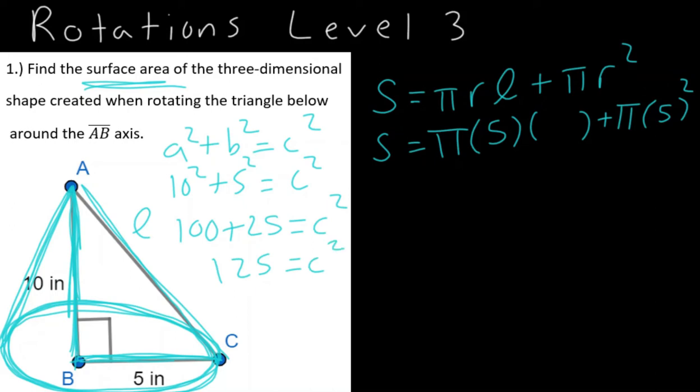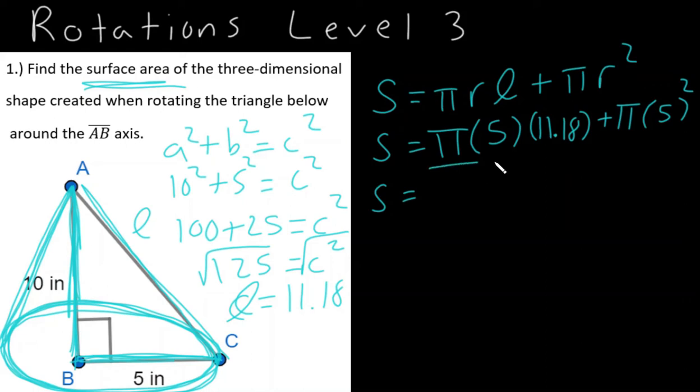And all you have to do to get rid of a square is to take the square root. And so you go to your calculator, let's take the square root of 125, and it turns out c, or in this case, I guess we could actually call it L, our slant height, will be 11.18. Going back to our formula, we'll plug that in, 11.18.